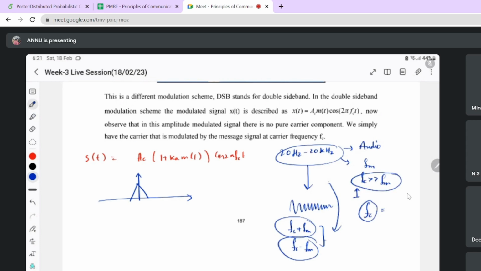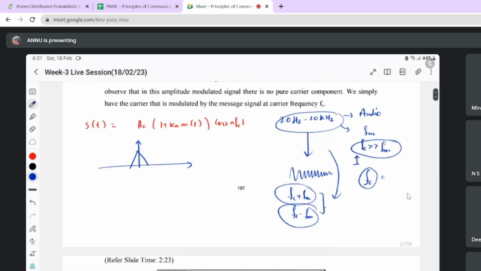Now comes the concept of baseband modulation. We know that AM modulation has the carrier as well. This is the spectrum of the AM signal. Even in the spectrum of frequency modulation, later in your classes, you will find that you also have the carrier along with your modulated signal. This is the modulated signal.